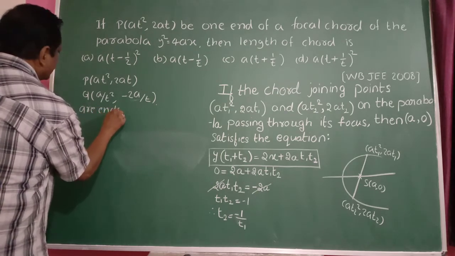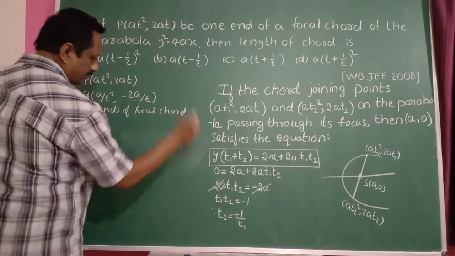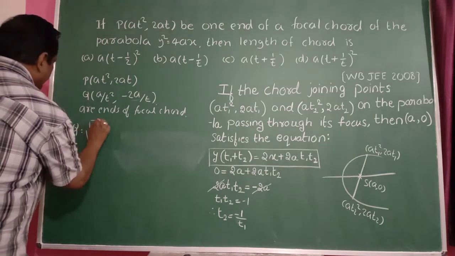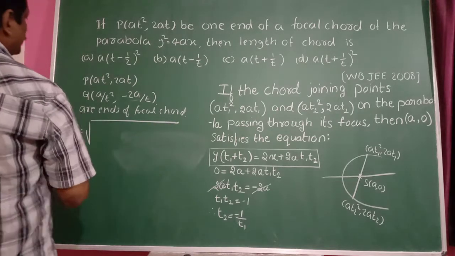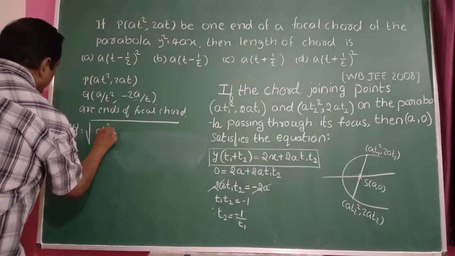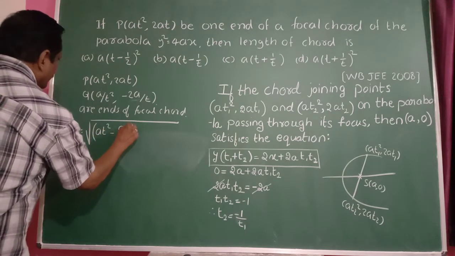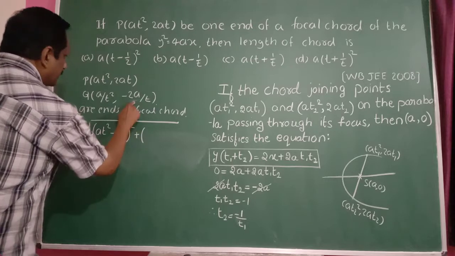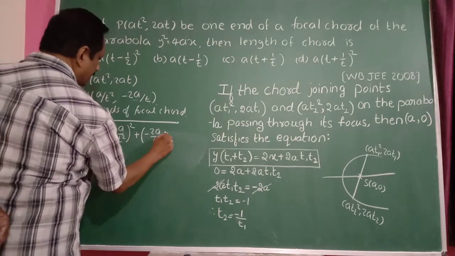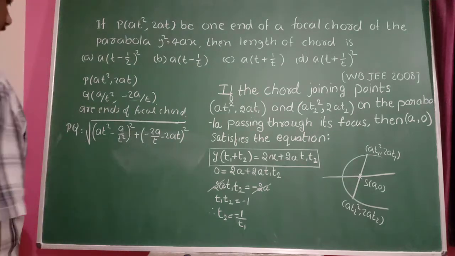These are the ends of the focal chord, and we want its length. Use the distance formula: root of (at squared minus a upon t squared) whole squared, plus (minus 2a upon t minus 2at) whole squared.